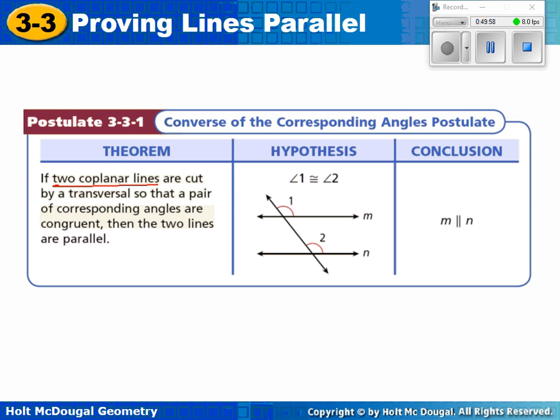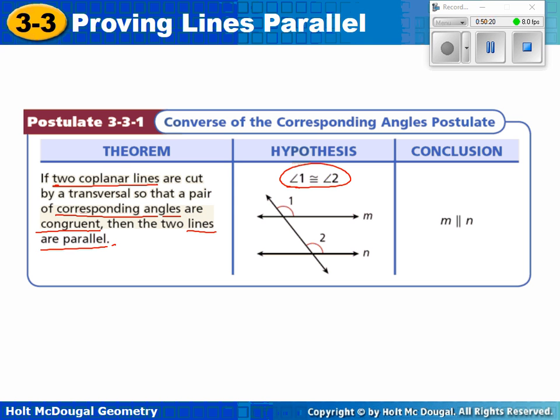But if you have two lines cut by a transversal so that the corresponding angles are congruent. When you look at the picture, do you see that the corresponding angles are marked congruent? If the corresponding angles are marked congruent or listed congruent, then you get to conclude that the lines are parallel.